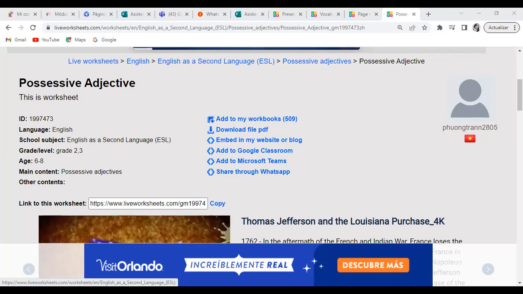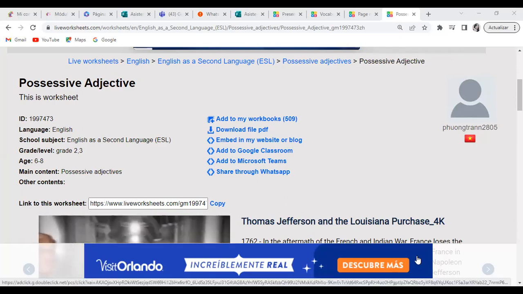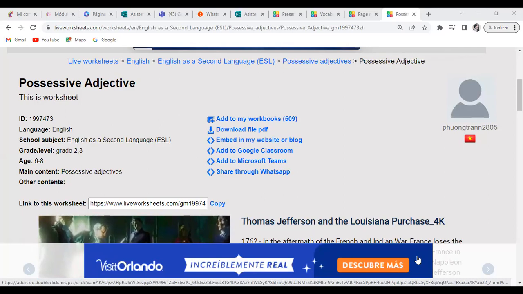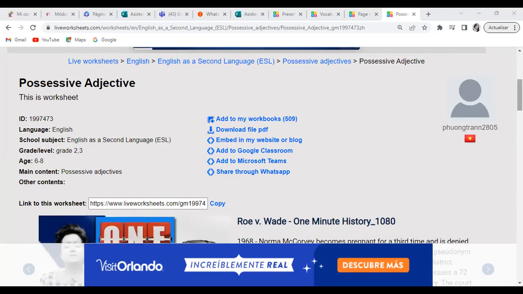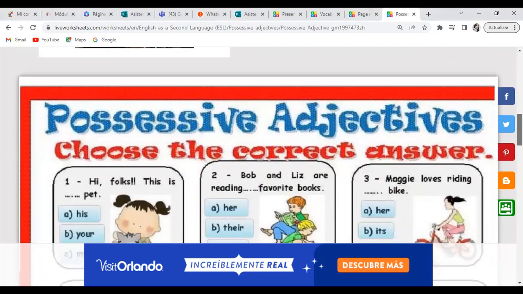Okay, guys, so we have possessive adjectives. Let's see, guys. Possessive adjectives. Choose the correct answer.